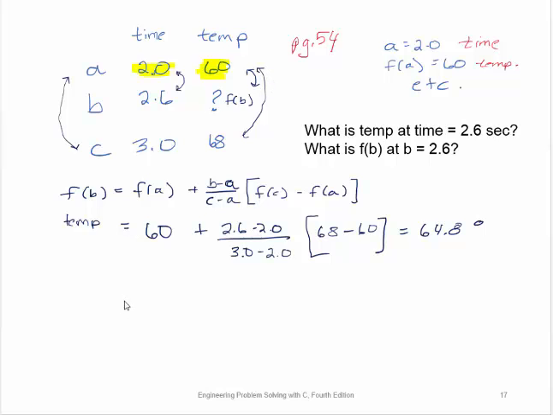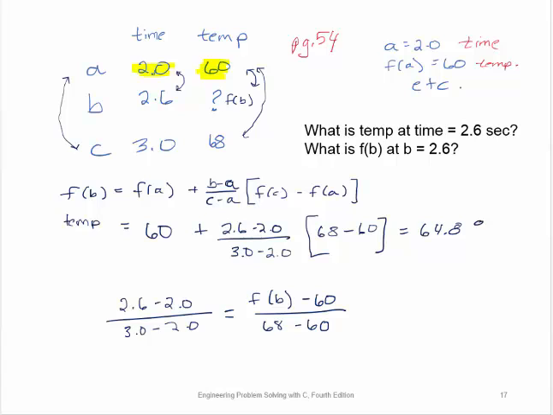So I would write ratios. 2.6 minus 2.0, this is actually a consequence of similar triangles, over 3.0 minus 2.0, equals f of b minus 60 over 68 minus 60.